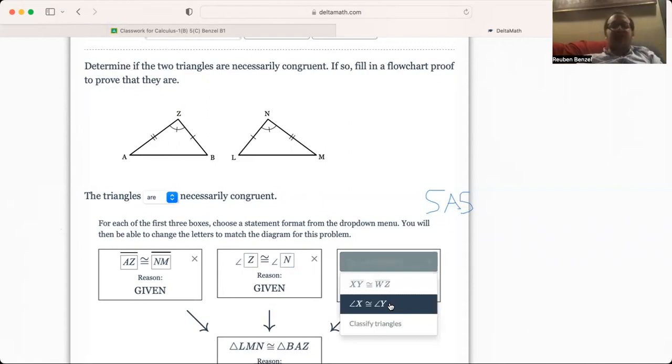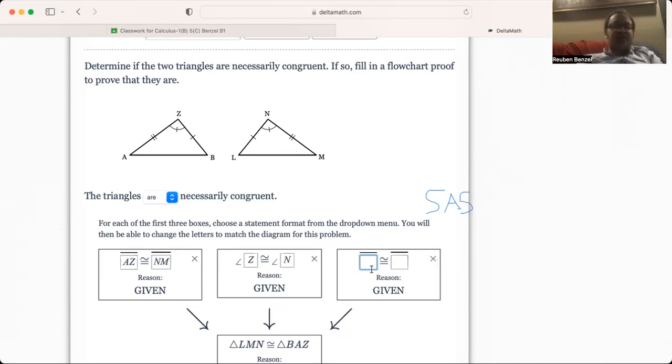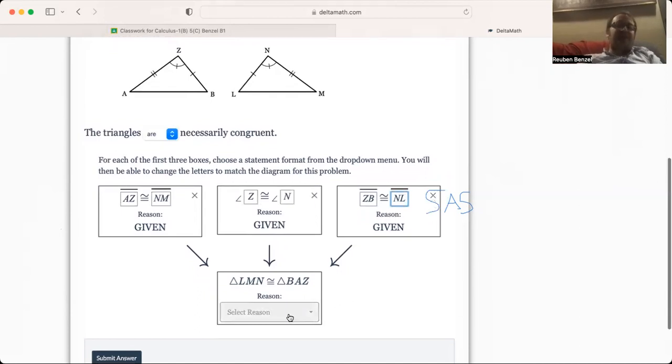And then I'm going to do the other pair of sides. So I got ZB and I have NL. And those are my 3 pieces of evidence.